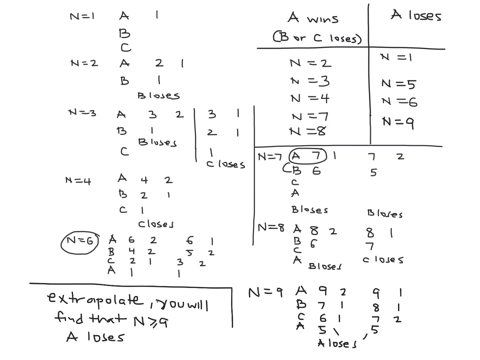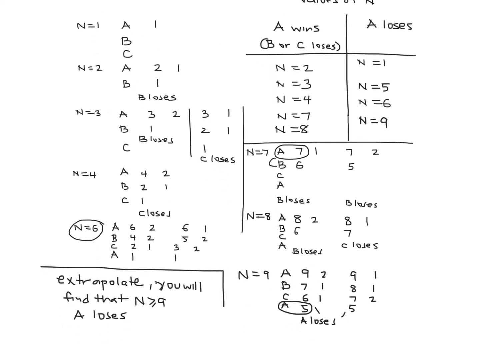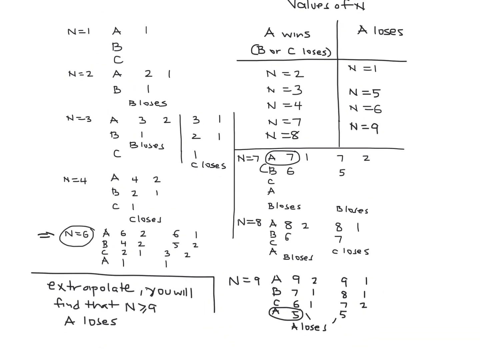You notice how once I got down to A equals 5, A loses because of what I had done previously up here. And similarly, if you can get it down to 6, same thing. A will lose. So for any number greater than or equal to 9, you can get it down to one of these numbers, either 5 or 6. And when you do, you just proceed with what you do when it is n equals 5 or n equals 6 to ensure that A loses. So that's pretty much the strategy.